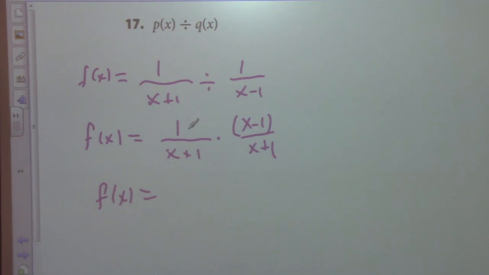Let's see, excuse me, I miswrote it here. Yeah, so it's going to be that. So what do you get when you multiply these together? 1 over x minus 1, then x plus 1. That's it right there.